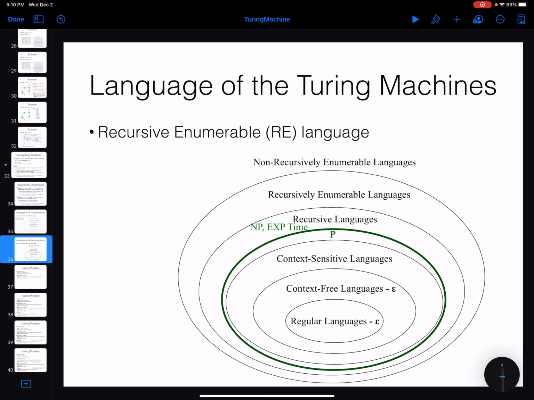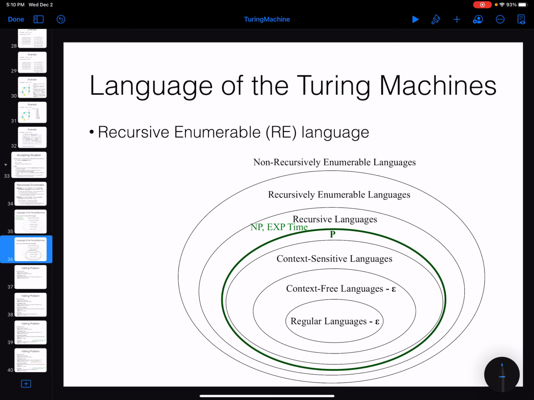There are some exponential time algorithms for them, like, for example, the traveling salesman problem. All the NP-complete and NP-hard problems are in this set. I'm not going to discuss them. It's just to tell you where these problems are in this hierarchy and what would happen to them.